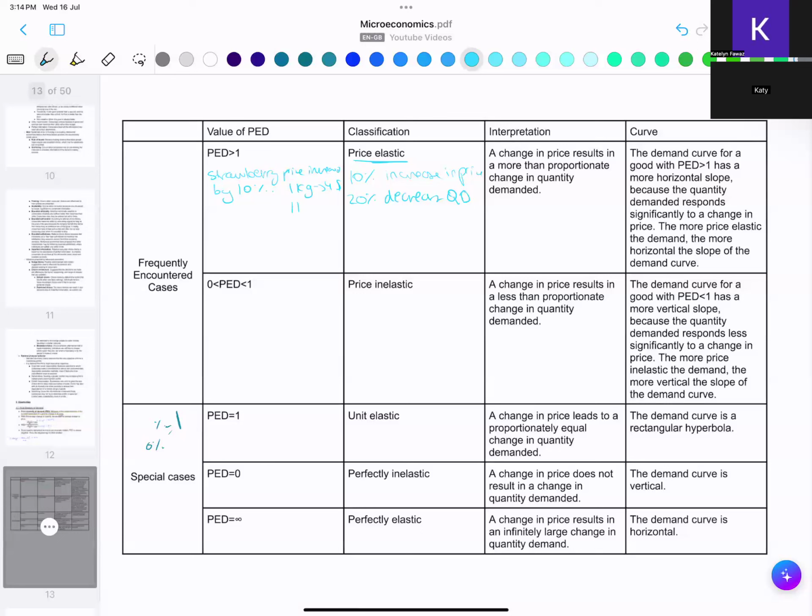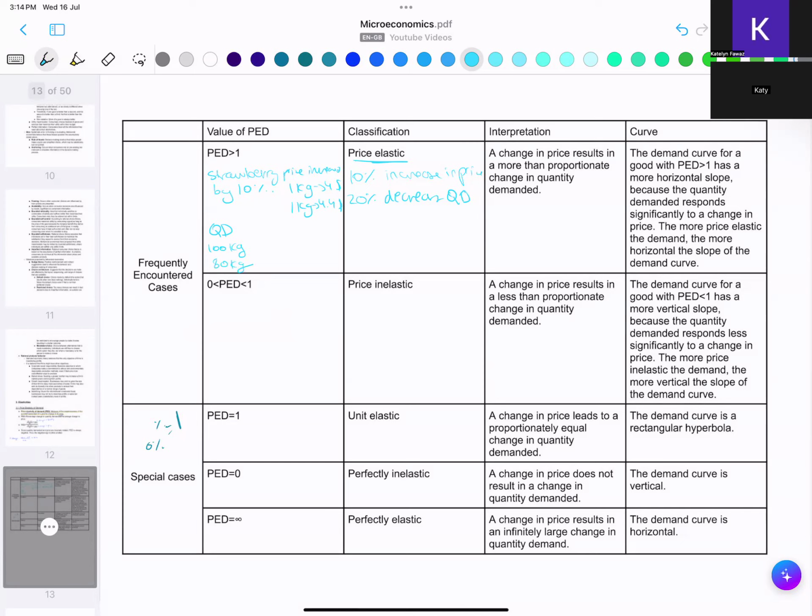Now, 1 kilo is $4.4. Now, the QD, if they used to sell 100 kilos per summer, which is a really weird example, then after the price change, they are selling, let's say, 80 kilos per summer.